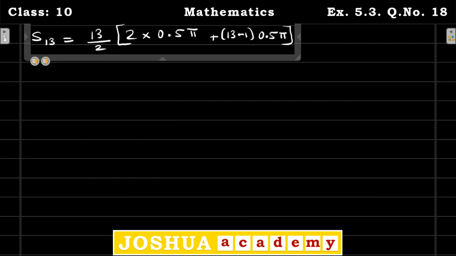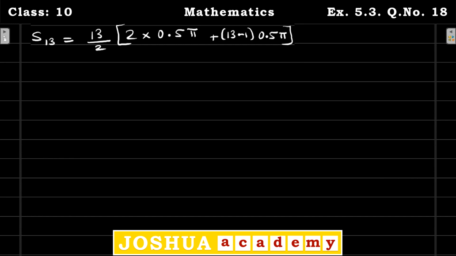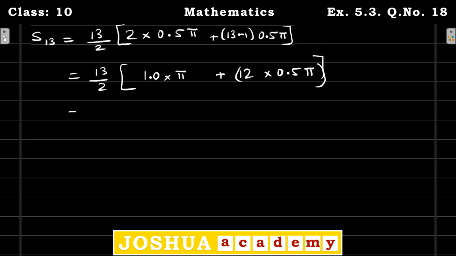So we have the equation like this. 13 by 2 times 2 into 0.5 equals 1.0, times pi, plus 13 minus 1, which is 12, into 0.5 pi. I'm adding a lot of steps, so you can minimize the steps wherever possible. That is pi plus 12 into 0.5, which is 6 pi.